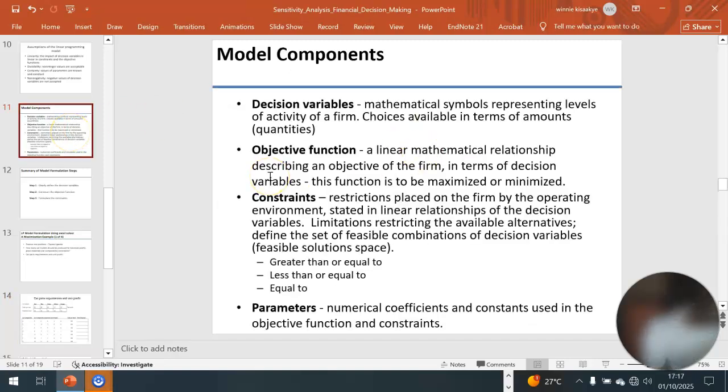Then the objective function as another component. First of all, it is a linear mathematical relationship describing an objective of the farm. So in most cases, this is based on the decision variables, because they are the decision variables that will determine your outcome levels.